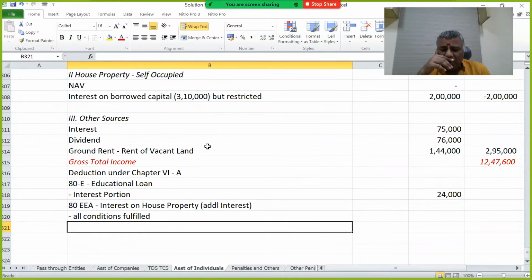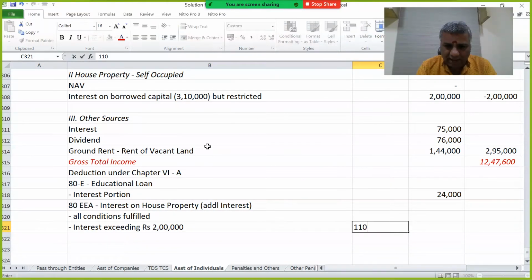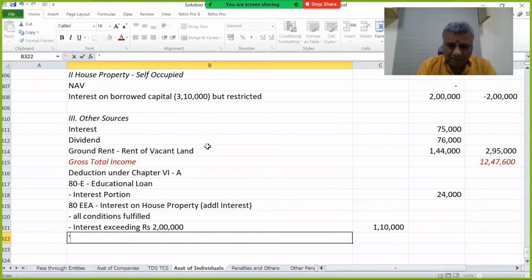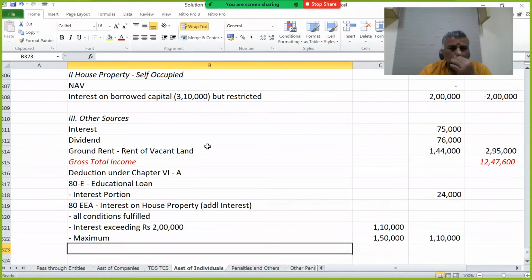It should be the first house and it should be self-occupied. All fulfilled. Interest exceeding rupees 2 lakhs, because up to 2 lakhs you have already claimed, is 1,10,000. Maximum is 1,50,000. Whichever is less, so you can claim 1,10,000.